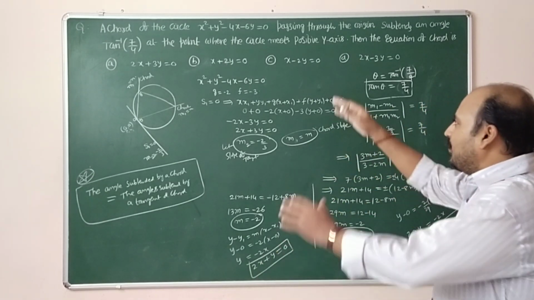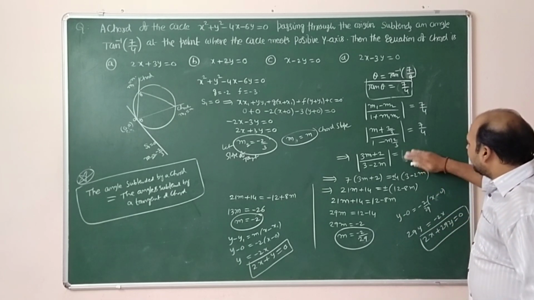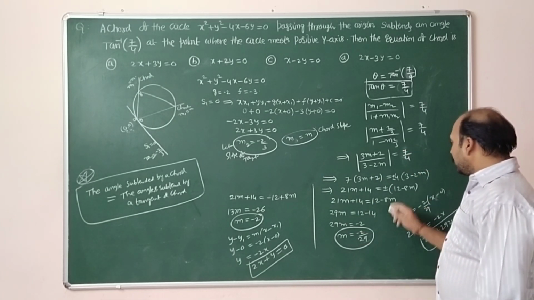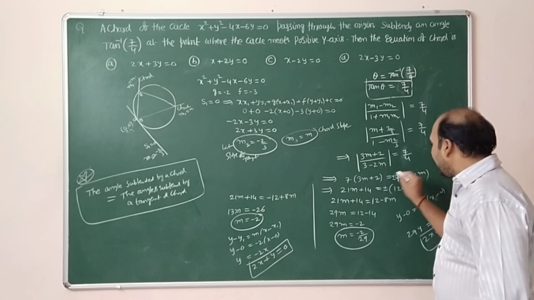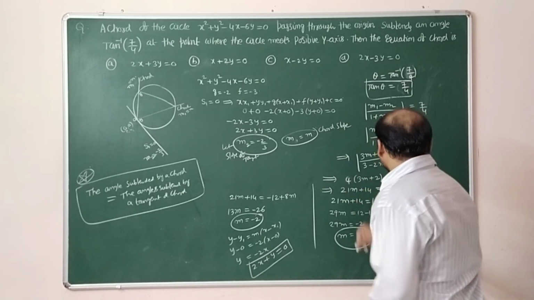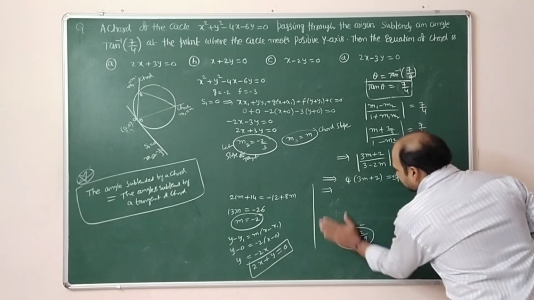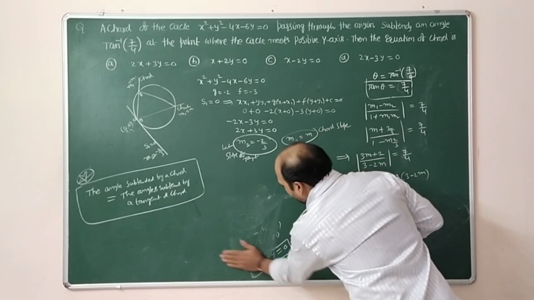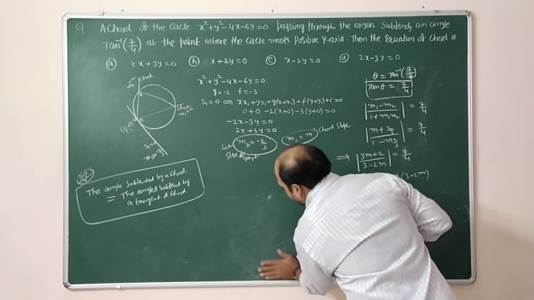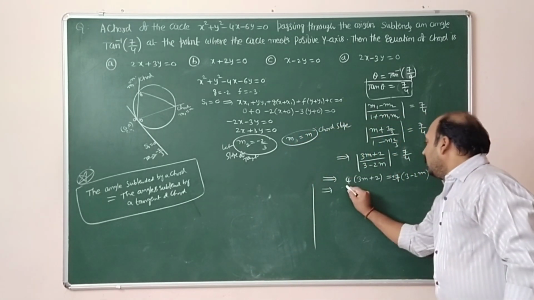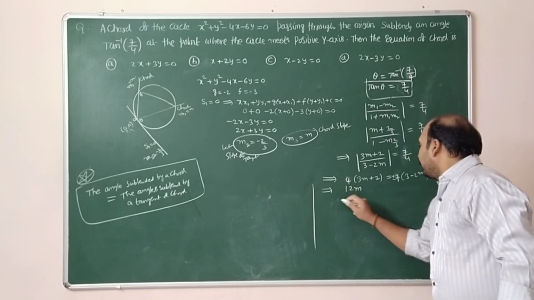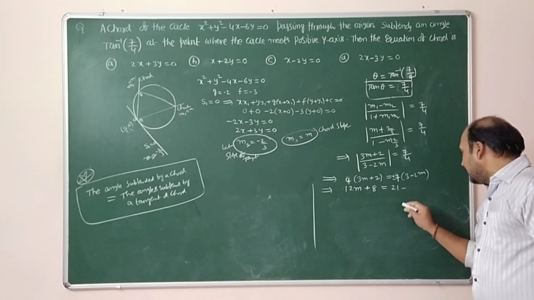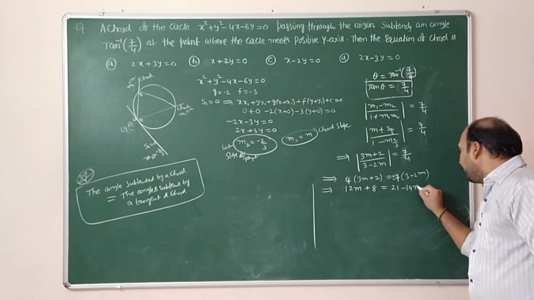This is another question, same procedure, but here also 7 by 4. So cross multiply, and here plus or minus 7 will be there, here 4. So from here we can change it. This is another question. Don't think this case also won't arise. 12m plus 8 equal to, plus I am considering now, 21 minus 14m.